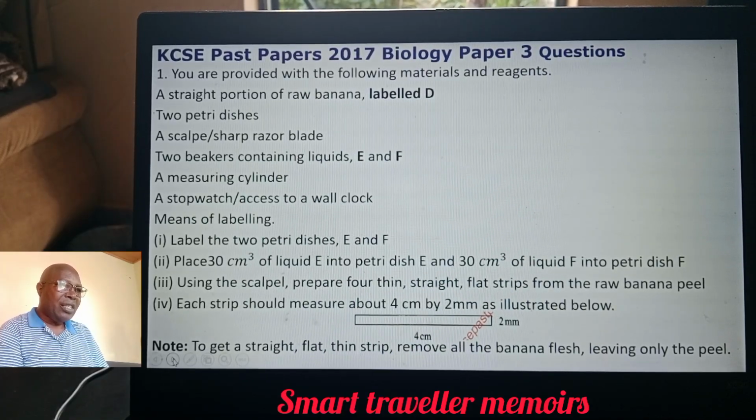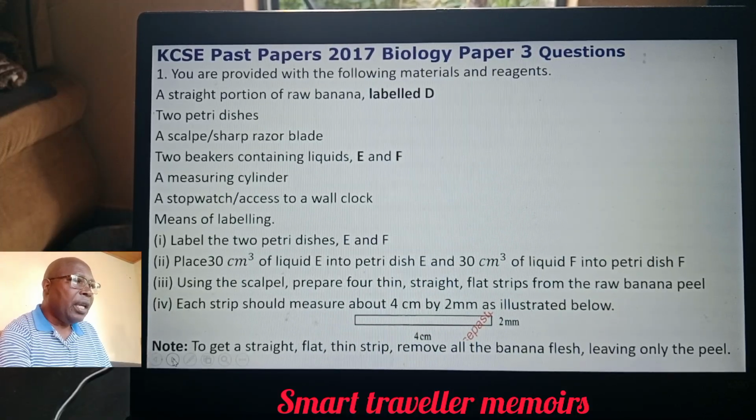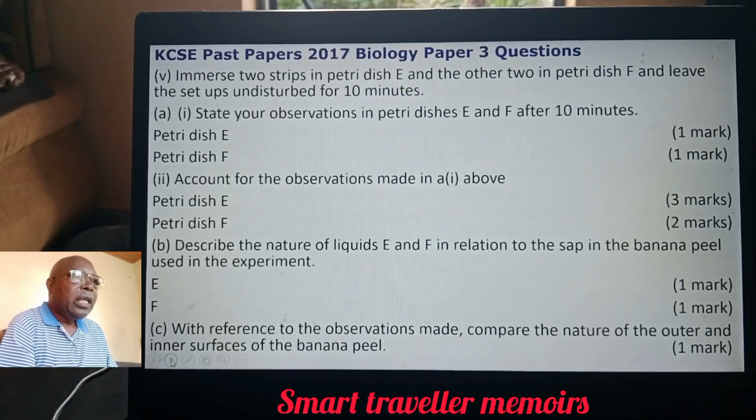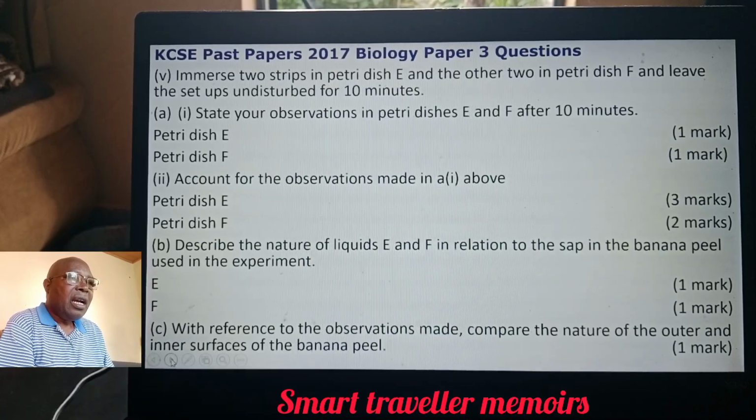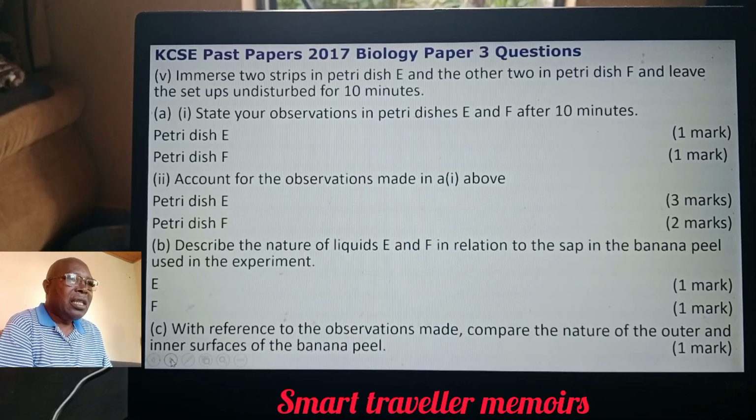Note, to get a straight, flat, thin strip, remove all the banana flesh, leaving only the peel. 4, immerse 2 strips in petri dish E and the other 2 in petri dish F and leave the setups undisturbed for 10 minutes.